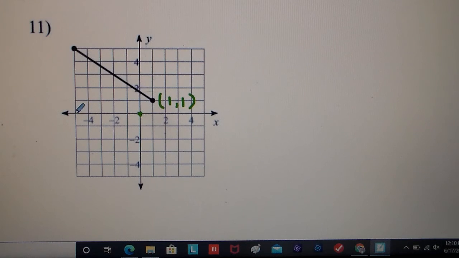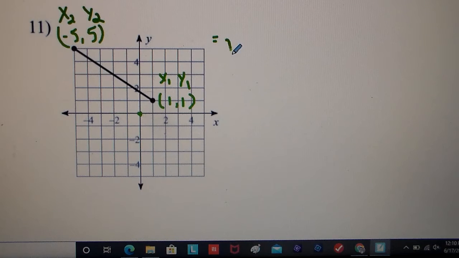The other coordinate is negative 5, 5. It doesn't matter which one you call x1, y1, whatever one's the first coordinate, and which one's the second coordinate doesn't matter. I'm going to label them just like that. And then it's the same procedure.